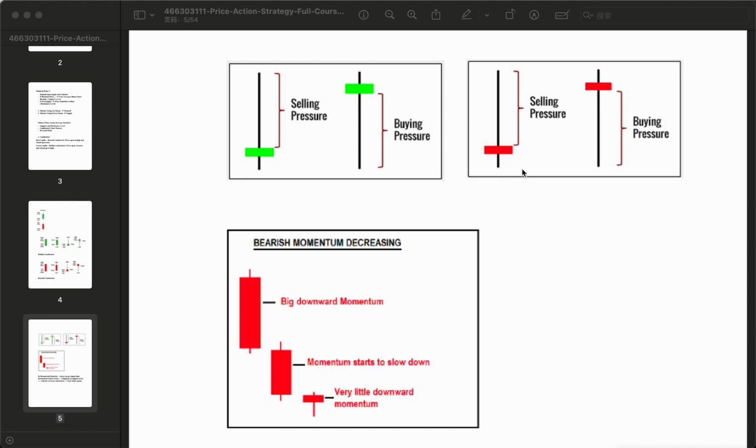But on the right side, we're seeing it's all red. That means despite the different temporary shapes of the candle, the market force still drives the stock market to go down. Here we see this selling pressure, with volume on the downside.